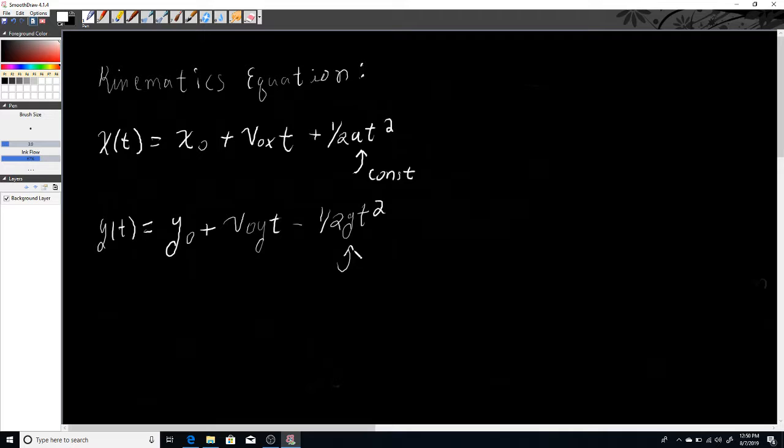Now, this is the gravitational acceleration, the rate of gravitational acceleration on Earth. It's a negative value because gravity acts down on objects. This y position is a position in the vertical component of an object's trajectory. In this case, g is equal to negative 9.81 meters per second squared, the acceleration of gravity on Earth.